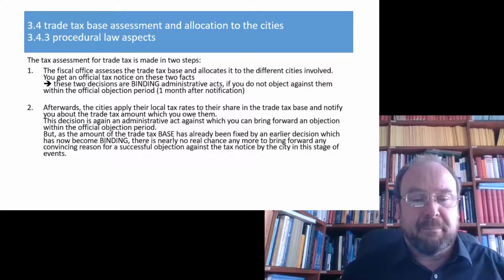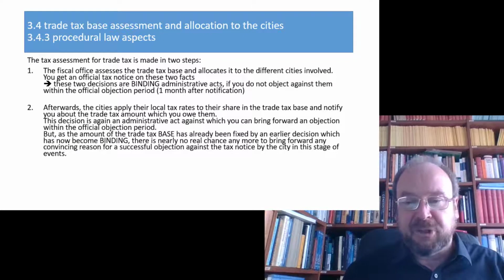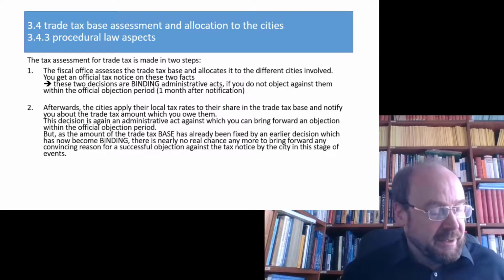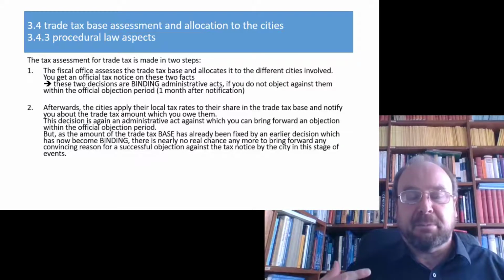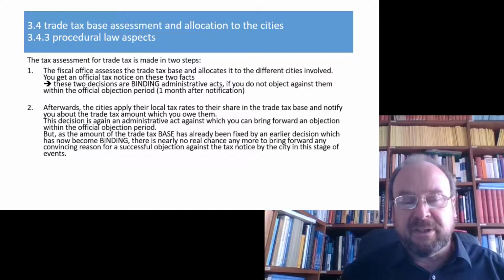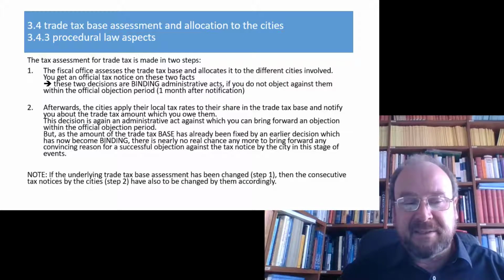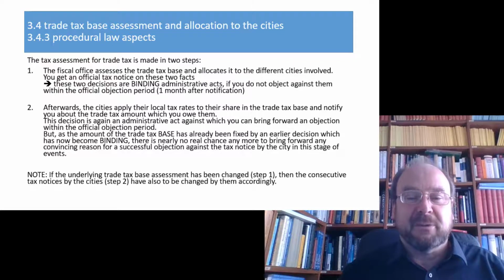So it's highly improbable that you can find a reason why you still could object to the tax notification which comes from the city. The only chance which you have is to apply for a change in the original tax base and tax allocation assessment if you find an allowed reason why that could be changed.